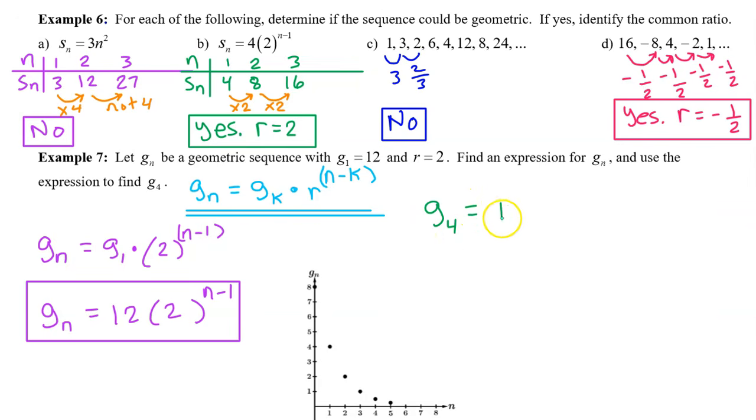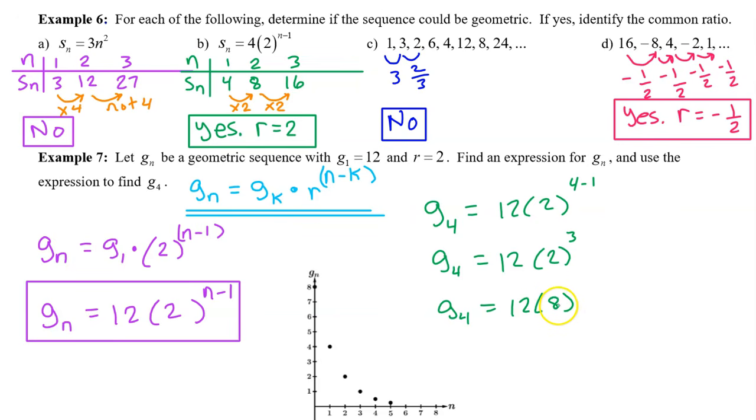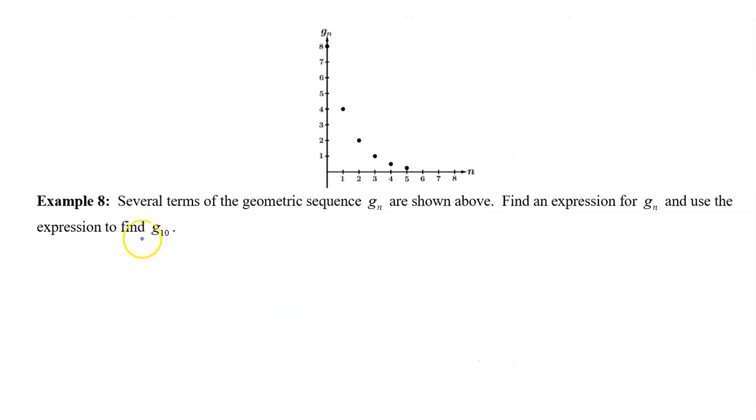G4 will equal 12 times 2 to the 4 minus 1 power. So G4 will equal 12 times 2 to the third power. 2 to the third power is 8. So G4 will equal 12 times 8. G4 is 96.